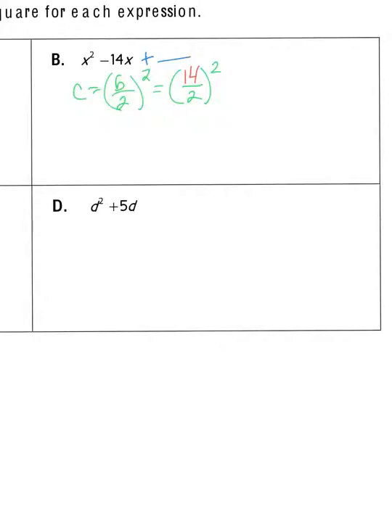I don't usually pay attention to signs when I do this, because when I square a negative, I'm going to get a positive. When I square a positive, I'm going to get a positive. So in this case, 14 divided by 2 is 7. 7 squared is 49. So the blank is 49. If you were to factor this, the factoring would look like this.